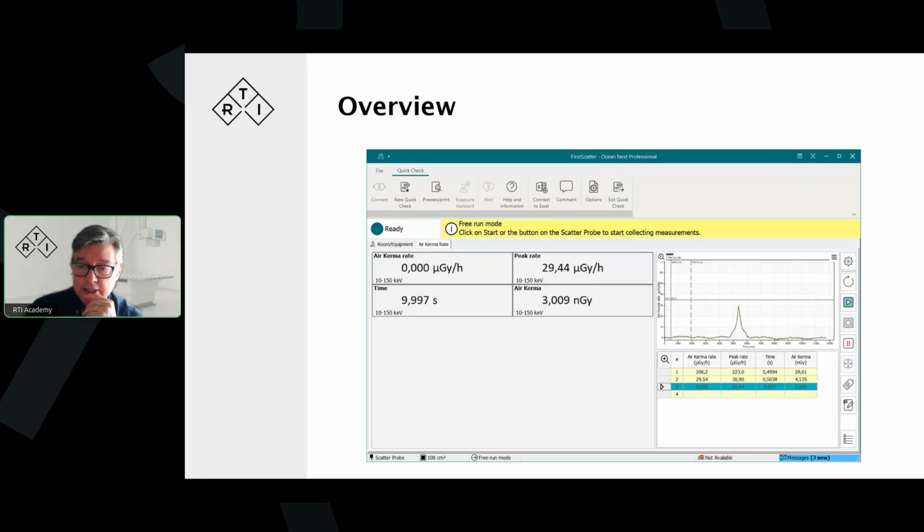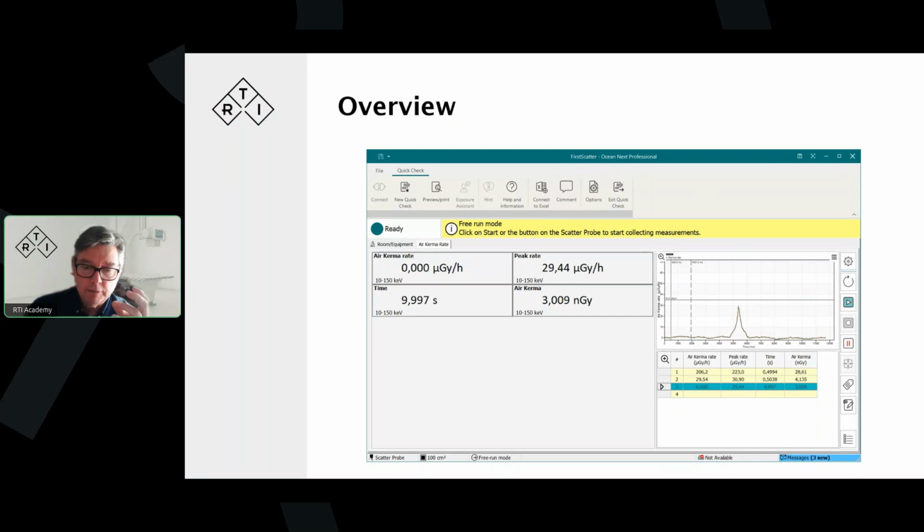And what is the best setup to measure the scatter and leakage radiation? Well, the leakage, of course, is easy. You just close the collimator, crank up to maximum or whatever the legal limits are, and then you measure the leakage. When you place the probe there, I would recommend a tripod.